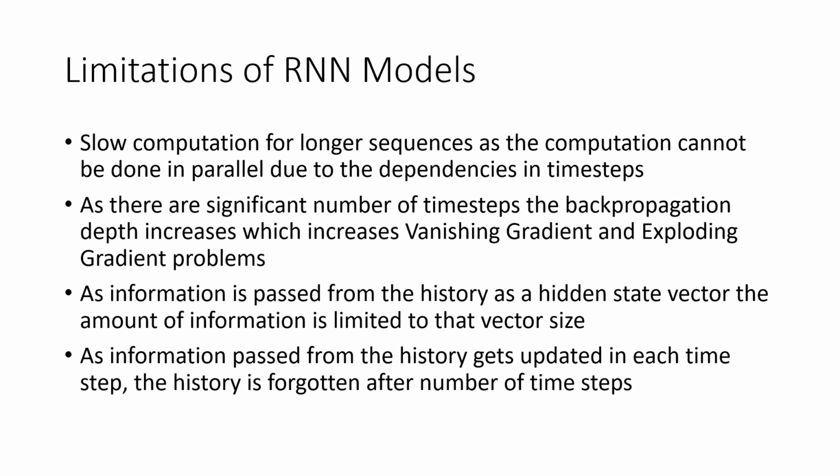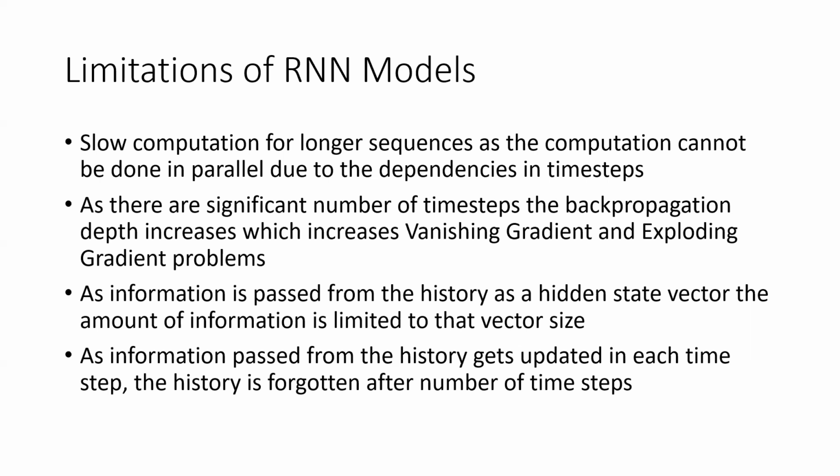Using GRUs and LSTMs, you can use much longer sequence models, but the problem is still there when it comes to very long sequences. It is not significant, because we can do something significant with GRUs and LSTMs at the moment, but it is still there, right?